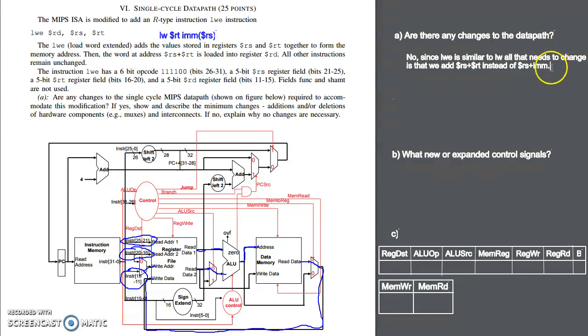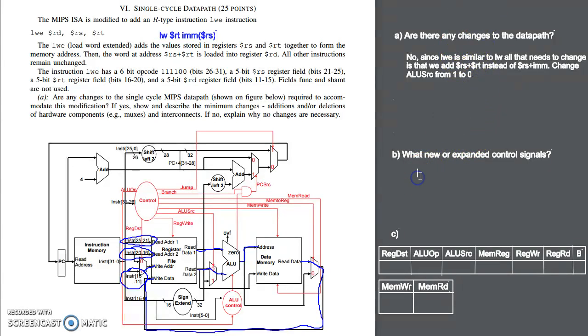In order to add RS and RT instead of the immediate value, we just change ALU source from 1 to 0. Okay.